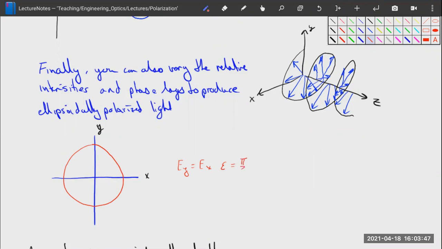We can also have elliptically polarized light like this. In that case, we have EY is greater than EX, and our phase lag is equal to pi over 4.